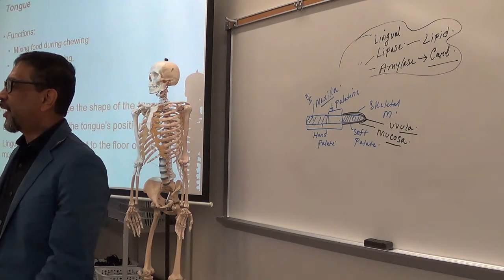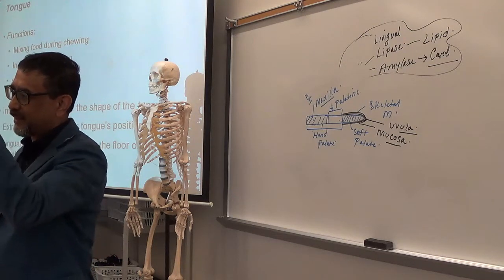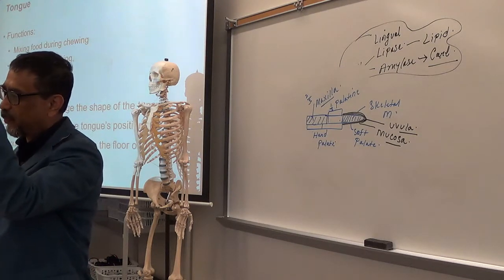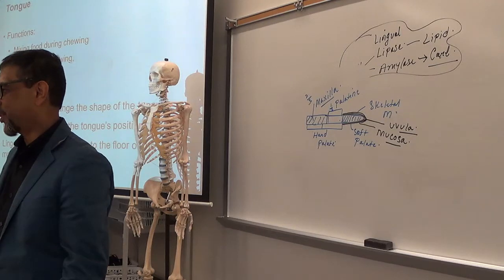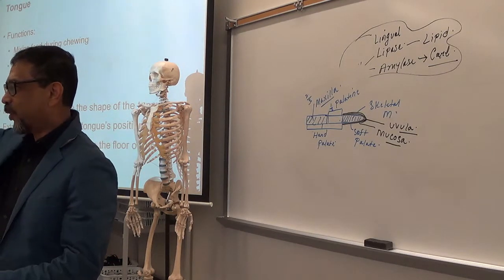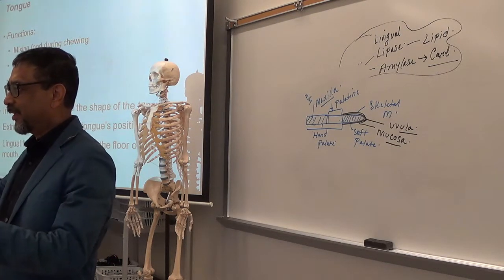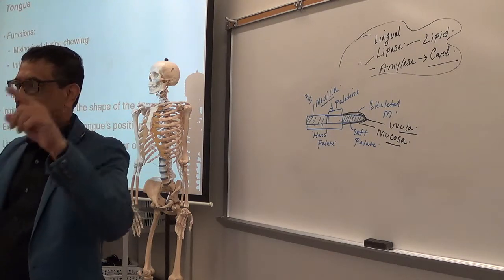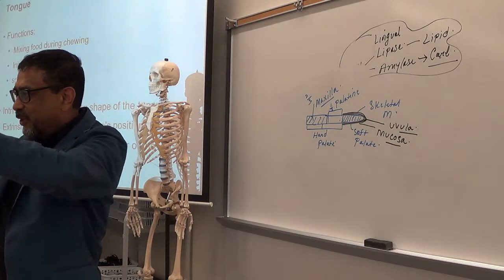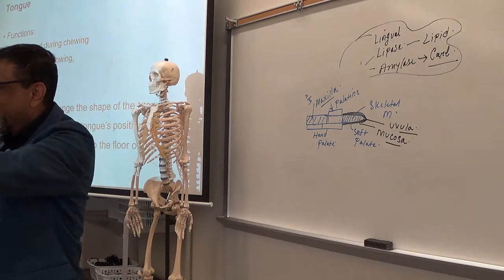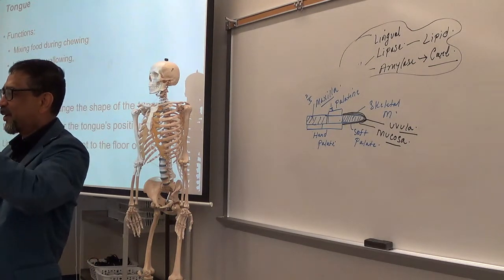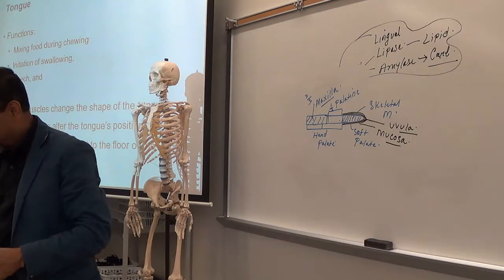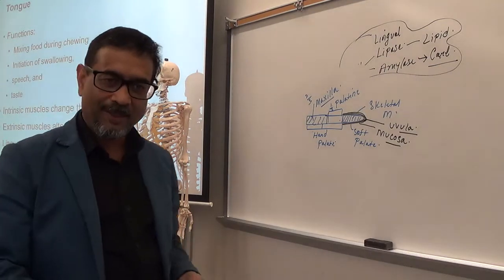And tongue has interesting movement. It can move in all different possible ways. You can move upwards, downwards, laterally, angular movement. You can retract the tongue, make it short, make it long, right? So all different types of movements occur in the tongue.